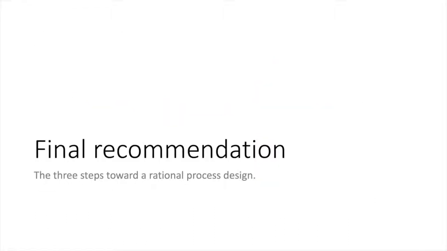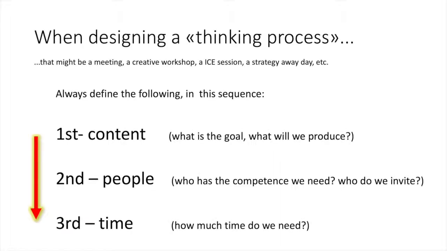And then a final recommendation: the 3 steps toward a rational process design. When we design a thinking process, we always try to define the following in this sequence. First, we decide the content, which means our focus, our goal, what we will produce in this process.